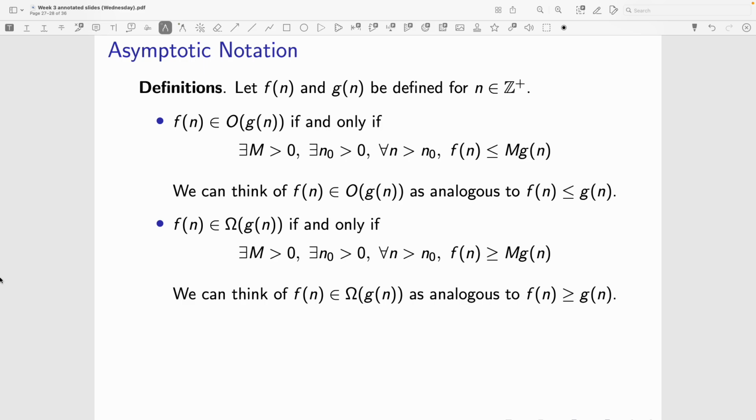You have functions f of n and g of n that are defined for all positive integers. This bit, you can probably get away with forgetting. Nah, you should remember. I want to point it out because this is a computer science class.